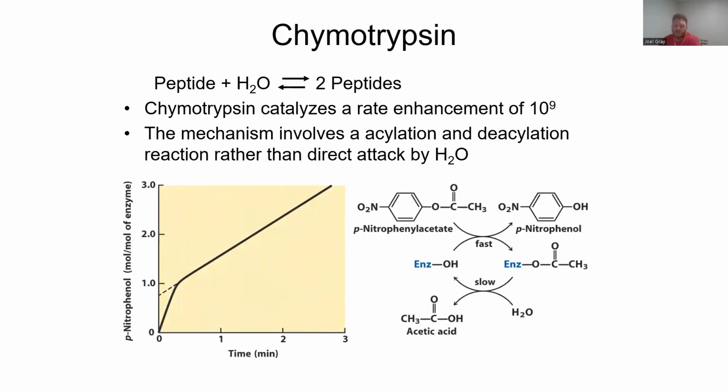And what we see is that this reaction happens very quickly, taking p-nitrophenylacetate to p-nitrophenol, just to indicate our cleavage of this peptide bond, as opposed to our acylated enzyme.